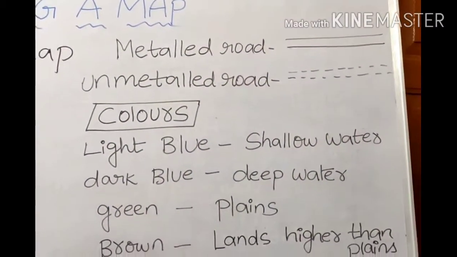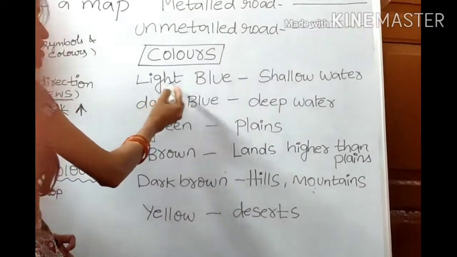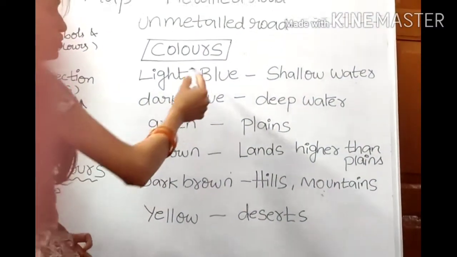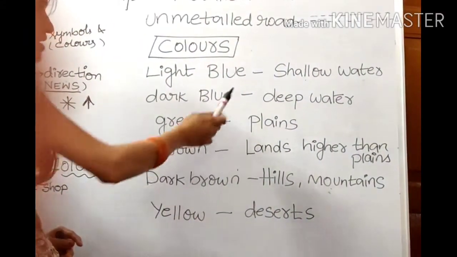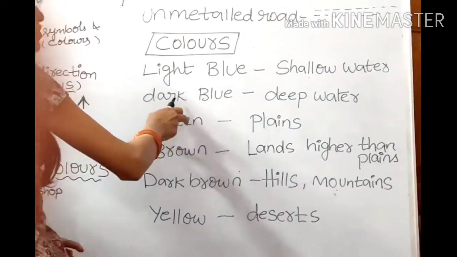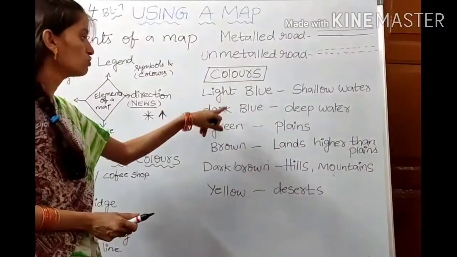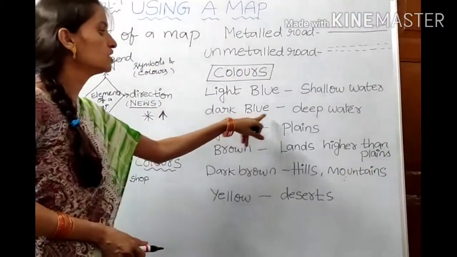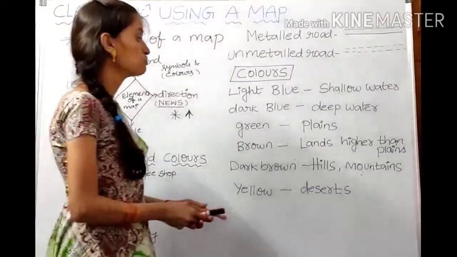And I also told you some colors. Light blue is for shallow water, and for deep water we take dark blue. Green is for plains.